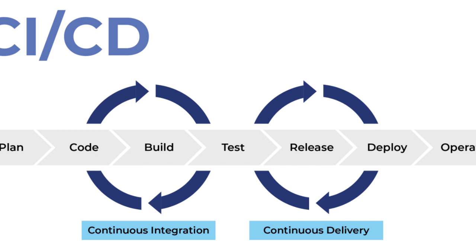Faster time to market, reduced manual intervention, and increased consistency in deployments are the most important benefits of continuous deployment. Cloud services offer a dynamic environment for deploying applications. CD pipelines in the cloud can easily scale and adapt to changing workloads as well. So cloud integration is also very important.